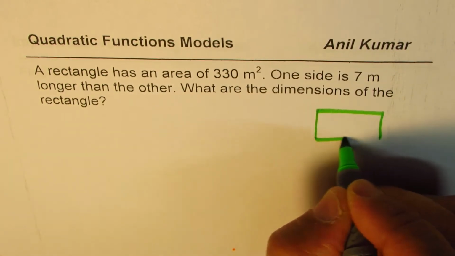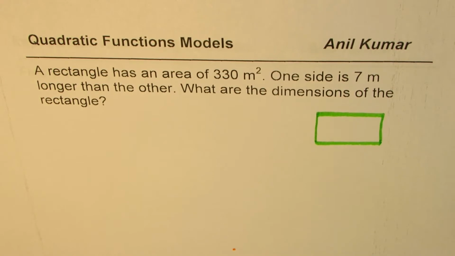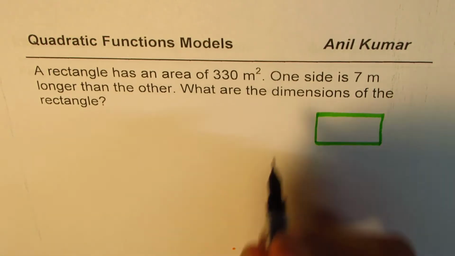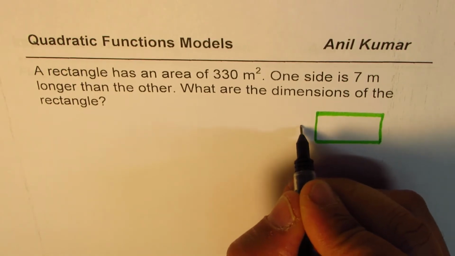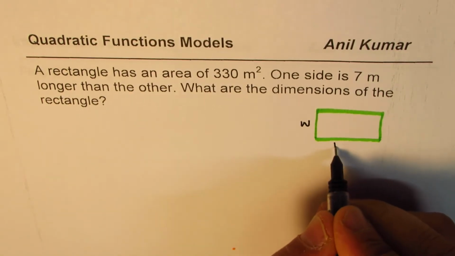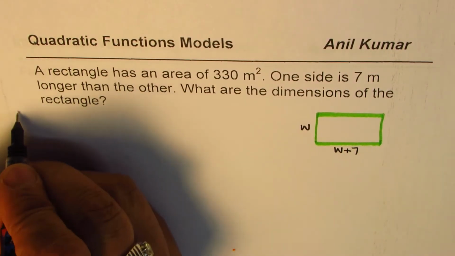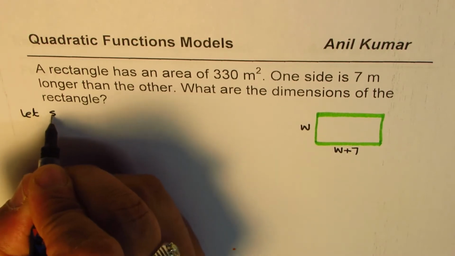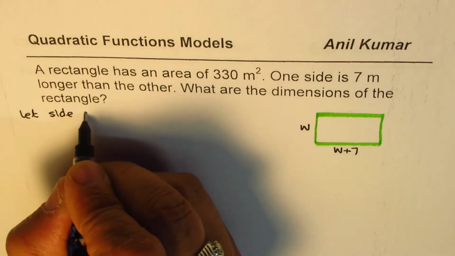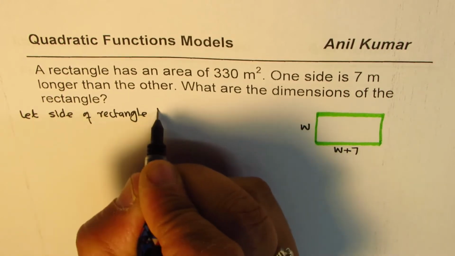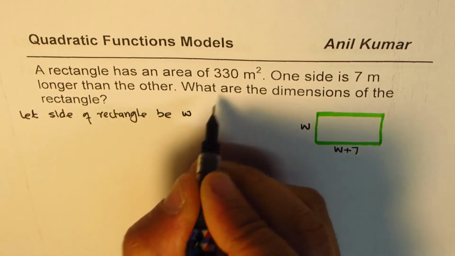Let's say this is the rectangle we're talking about, and since one side is 7 meters longer, we'll take one side as width w, the other one as width plus 7. Is it okay? So the other side is 7 longer. Okay, so the let statement is, let the side of the rectangle be w meters.